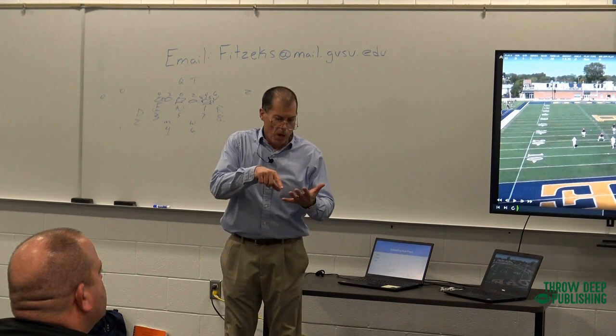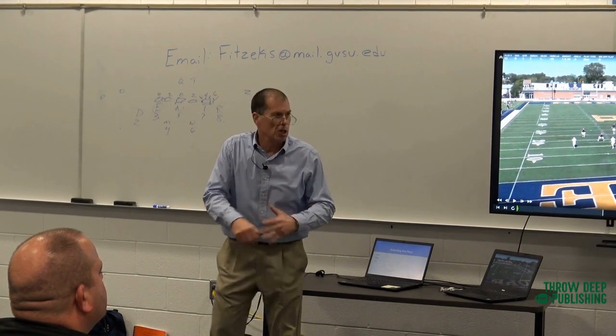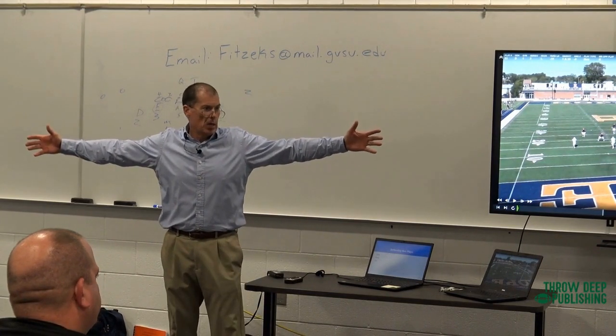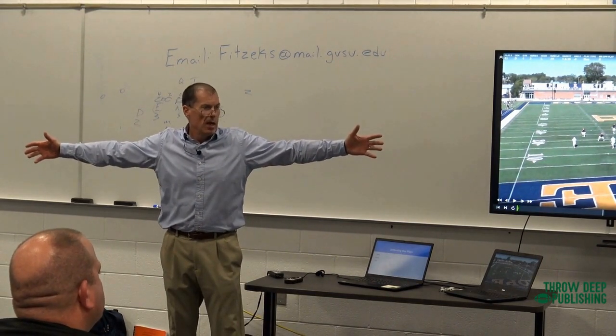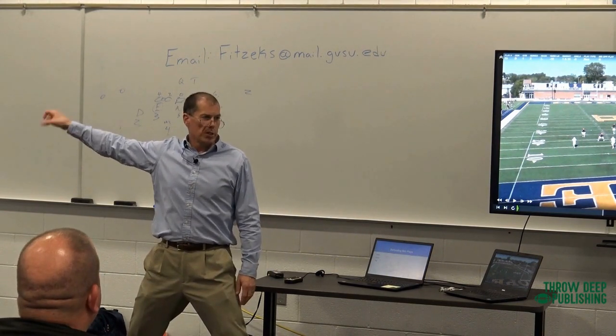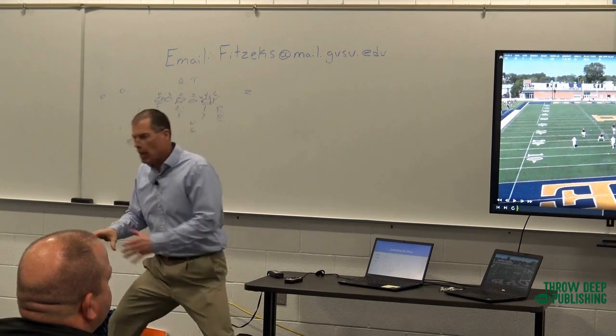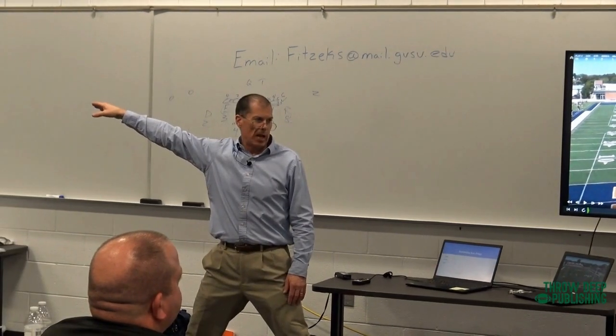So positioning-wise, he's got to be in a position to force. He needs to be in a position, body-wise, to take away the slant. And then number 3 is to force an outside hitch, a wide hitch, not an inside. I don't want that ball to be thrown to the outside of the receiver.